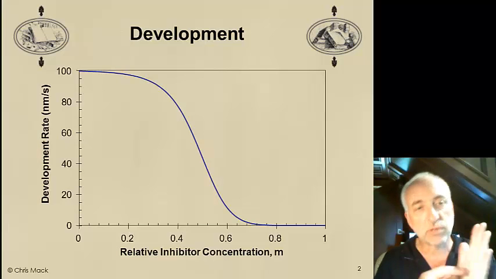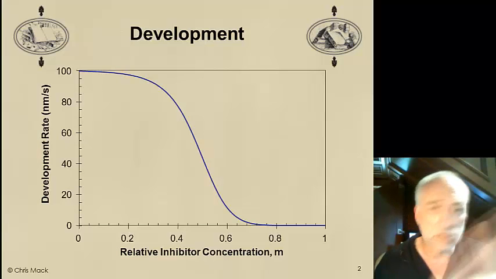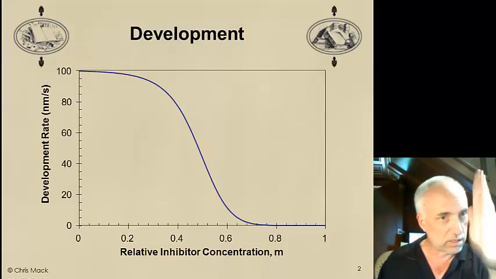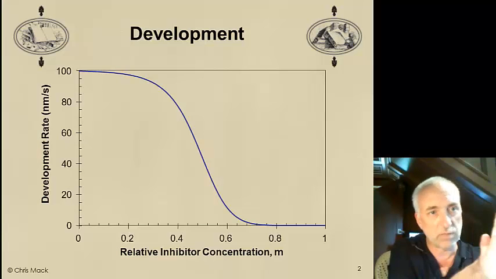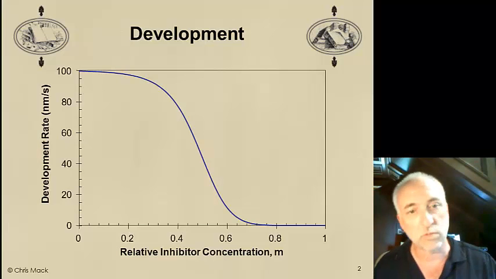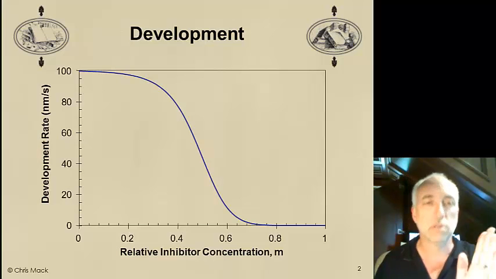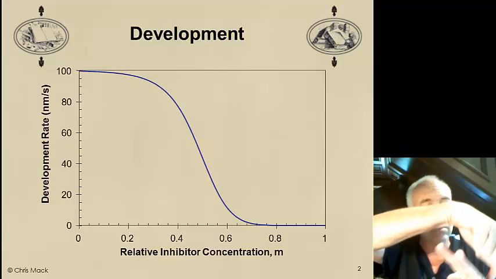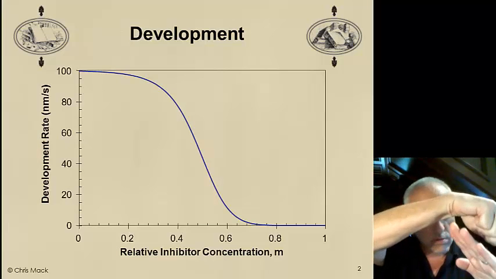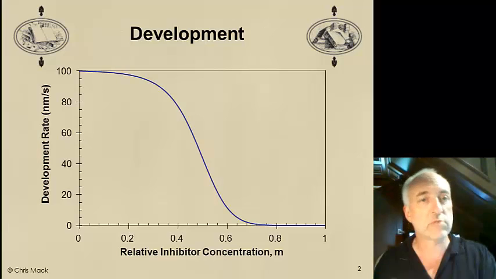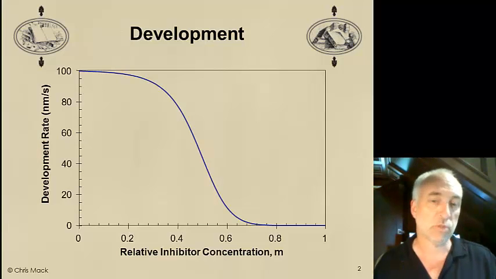Development will always proceed perpendicular to the surface of the resist, whatever surface that might be. If the resist is vertical, then development will be proceeding perpendicular to that vertical resist profile. So whatever shape of resist profile that I have, the development is occurring perpendicular to that, and we can talk about the rate at which the surface of resist moves in nanometers per second.